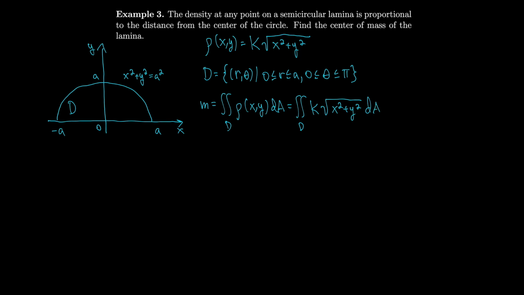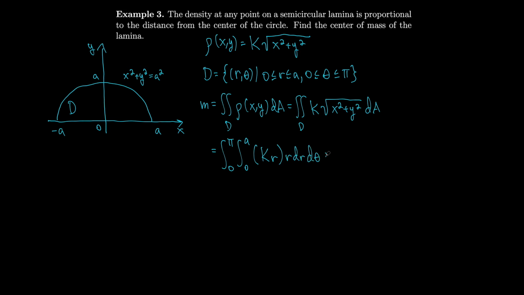And that's equal to the polar integral, where outside we have theta from 0 to pi, and inside we have r from 0 to a of k times, well, now we have to convert this, but notice x squared plus y squared is equal to r squared in polar coordinates. So the square root of x squared plus y squared is just equal to r. Next, remember dA is equal to r dr d theta.